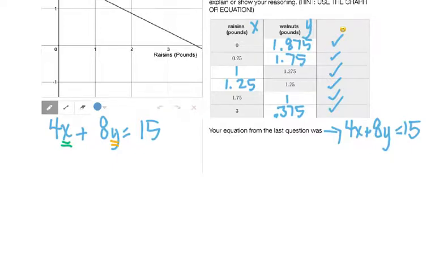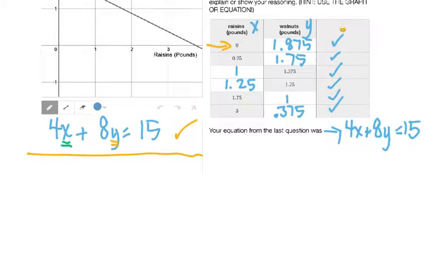And if I were to put in the combination of 0 and 1.875 for X and Y, it would equal 15. And if I didn't know it, I'll just demonstrate really quickly, but I think this is the tedious part of mathematics that we don't want you to spend time on.